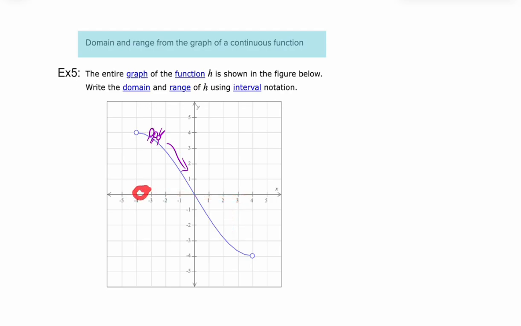No. So you think about that when you're thinking about, as he walks along from left to right, what x values will he hit along the way? So the domain of this function in interval notation, the littlest value he can almost get to is -4.